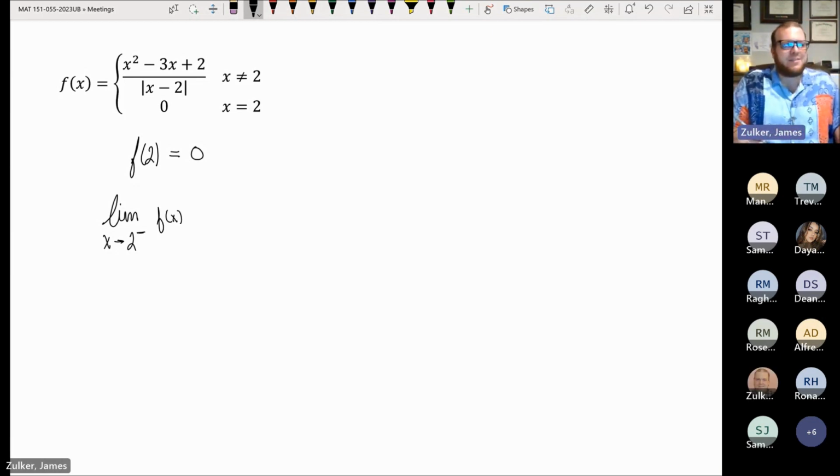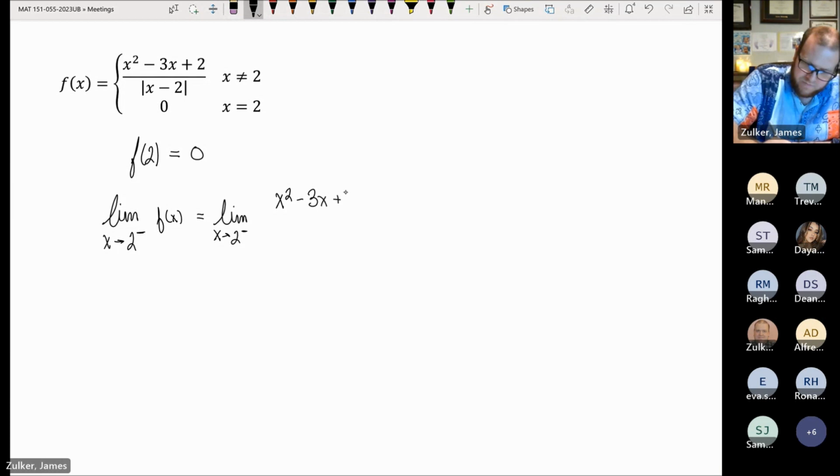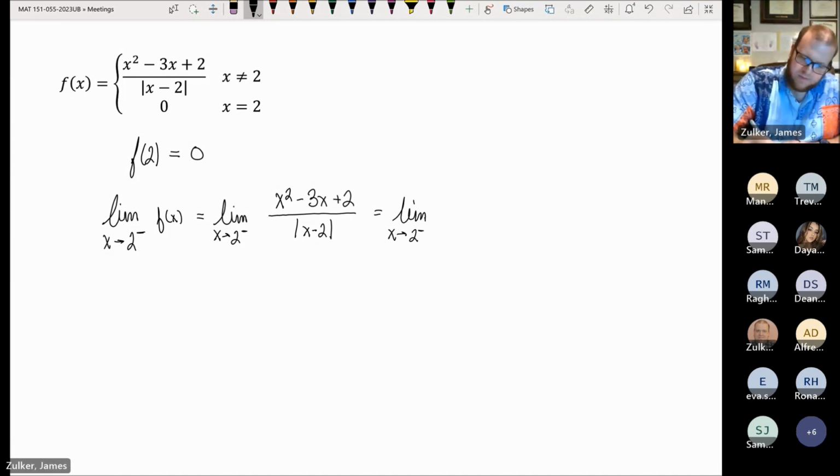Take a look at the one-sided limits. For the left-handed limit, we use the first piece, right? I'll wind up factoring.